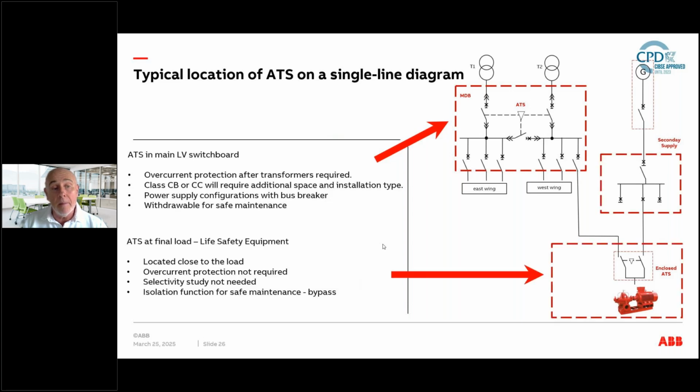But the ATS is generally found nearer the load itself, so the sprinkler pumps, fire extract fans, etc., and all those sorts of life safety equipment. The ATS switching is further down the supply chain, more so in the sub-distribution main, so it's nearer the load that needs to be controlled with the dual supply upon mains loss.